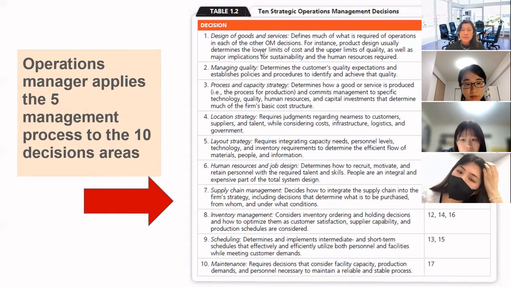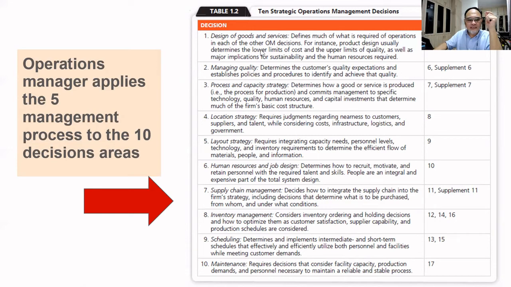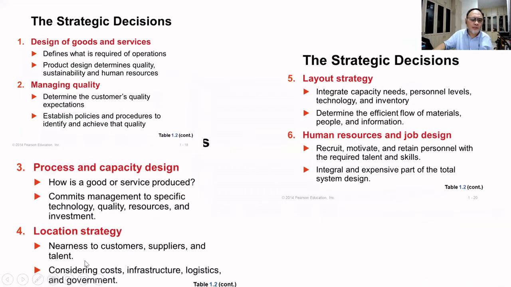The operations manager or the operations executive will have to think about these decision areas: design of goods, managing quality. We are going to do at least 5 of them this semester, and the rest is for another semester. But these are the things that you have to consider.